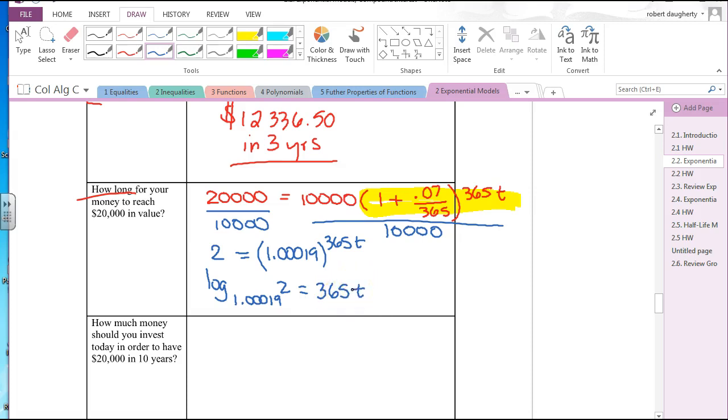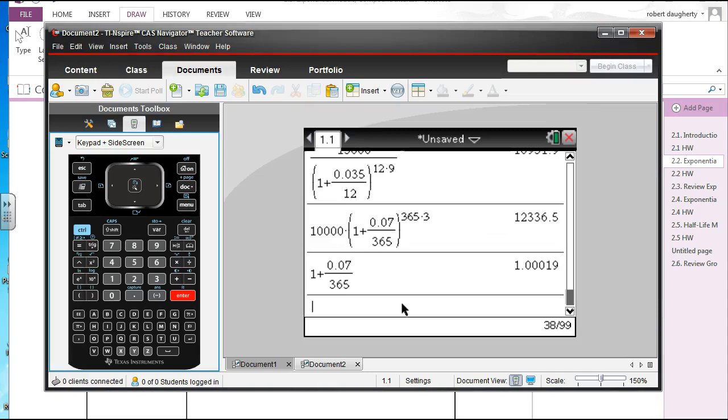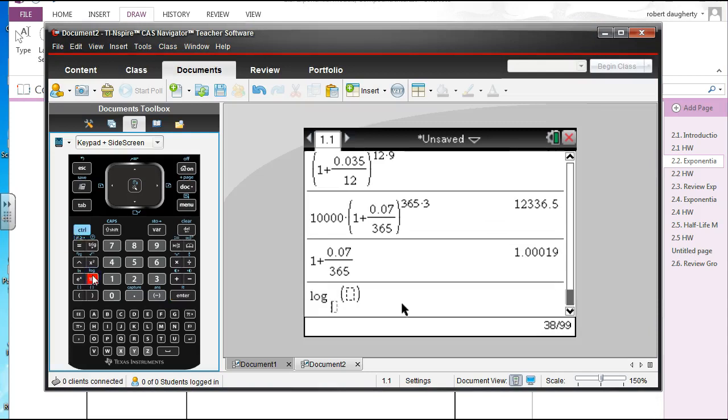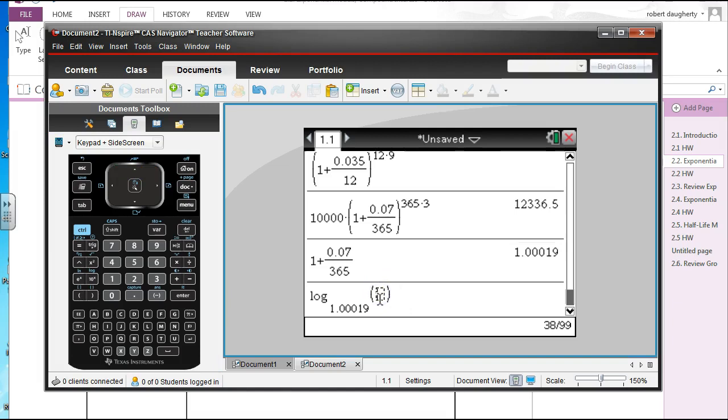What's keeping this from being solved for t at this point? Yeah, so I can divide both sides by 365. So t is equal to log base 1.00019 of 2 divided by 365. If you don't know that off the top of your head, that is the log base 1.00019 of, was it 3?